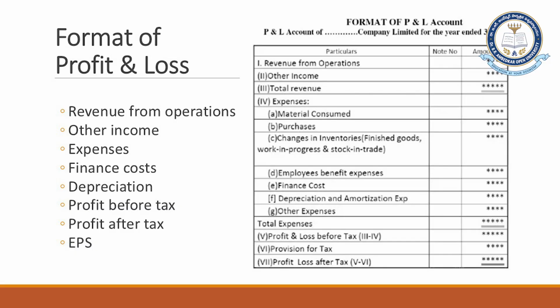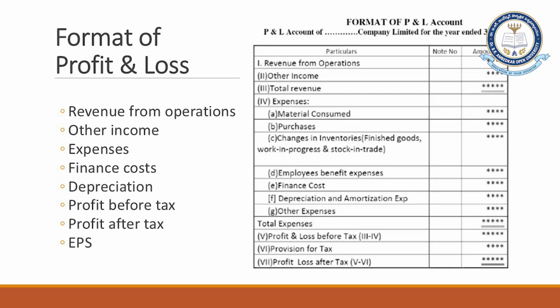So the sequence of how we record in the profit and loss statement is first revenue from operations. Whatever money we have received from operations, we will add other income to it, then we will deduct the expenses, then deduct the finance cost, deduct the depreciation, and then we get profit before tax.